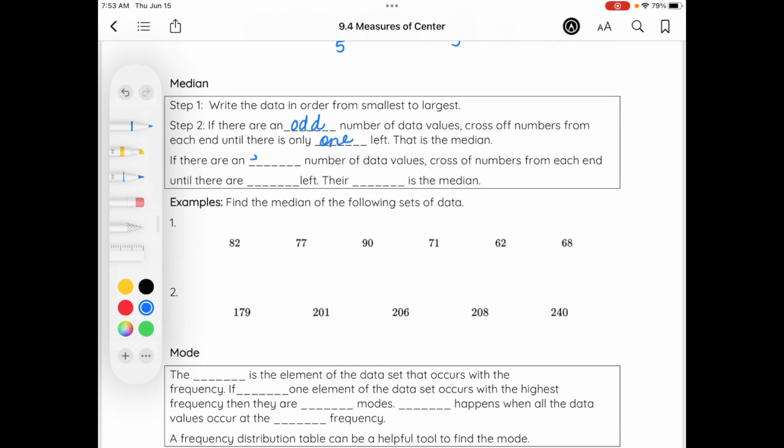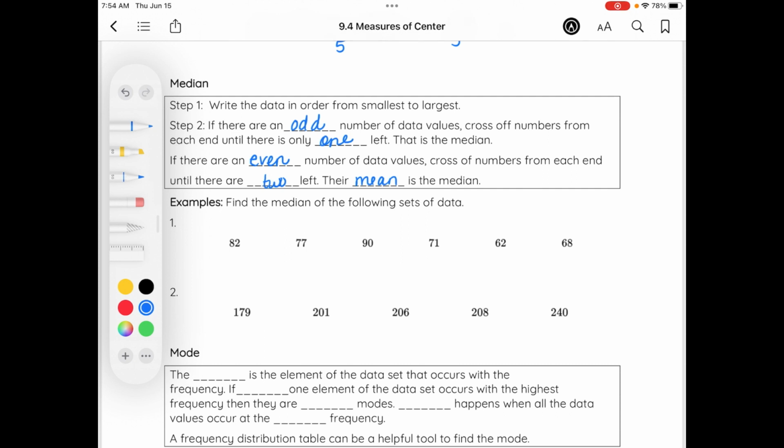That is the median. If there is an even number of data values, cross off the numbers from each end until there are 2 left. Their mean is the median. Similar to the mean, we can only find the median if we have quantitative data values.